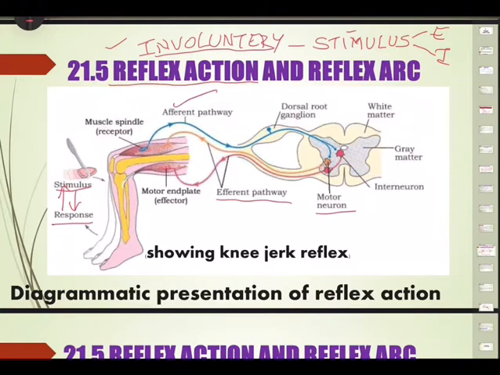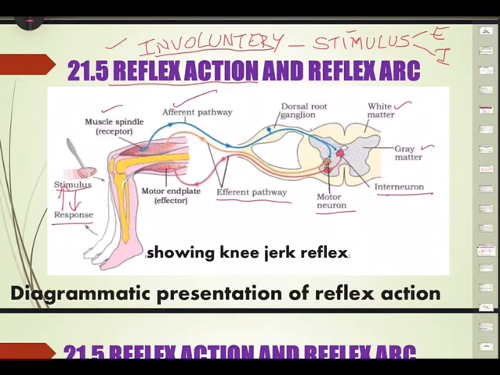And once the muscle spindle receptors, you can see receptors are organs that receive sensations, then the afferent pathway, dorsal root ganglion, and as we said, white matter and gray matter in the backbone, and the interneuron, and the signal goes to the gray matter, and the appropriate orders are given to the motor neurons, and the motor neurons through the efferent pathway bring about suitable changes. This is how the reflex action takes place.